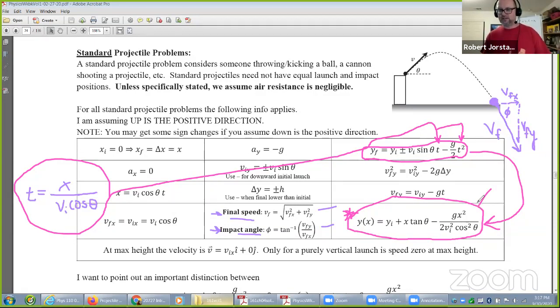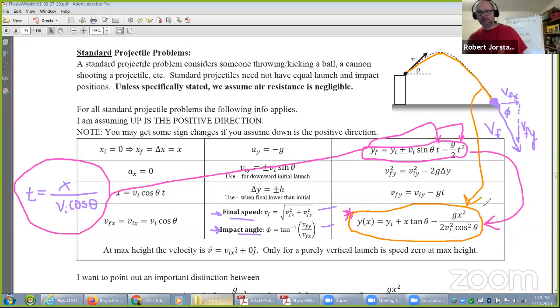This is the one that describes the shape of the path. So if I could, maybe I should have done that in a different color. This one right here describes this shape. That parabola is described by this equation, not the upper parabola, not that t-squared parabola.